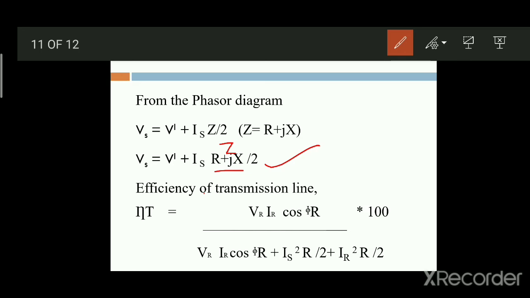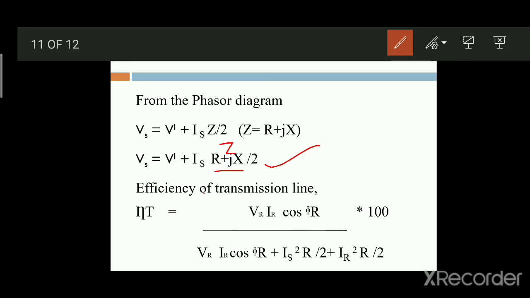The power delivered is VR IR cos phi R, plus line losses, which are Is square R by 2 plus IR square R by 2. Okay, these are the formulas for voltage regulation, efficiency, sending end voltage and sending end current of the middle condenser method, or the nominal T method.